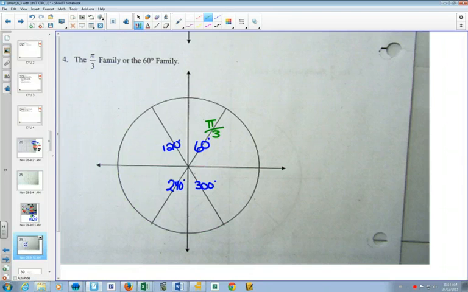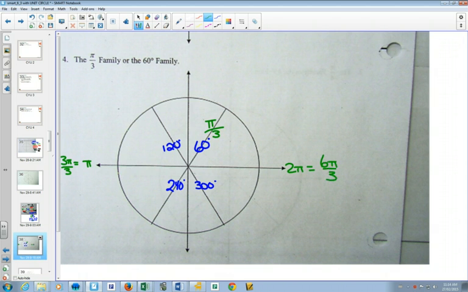Again, same idea we used last time. We think this is pi, this is 2 pi. If you wrote pi over 3, you'd have to have 3 pi over 3 to be equal to pi. And 2 pi is the same as 6 pi over 3.